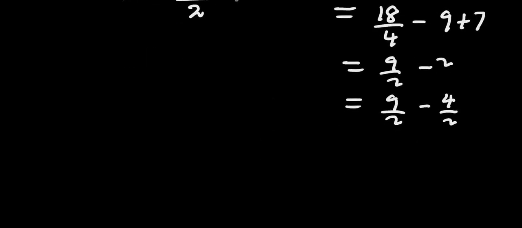And this is 2, like 2 over 1. So just find the common denominator, make this 2 and make this 2. So 2 times 1 is 2 and 2 times 2 is 4. So this will give us 9 minus 4 is 5. So 5 over 2. So the value of k is equal to 5 over 2.